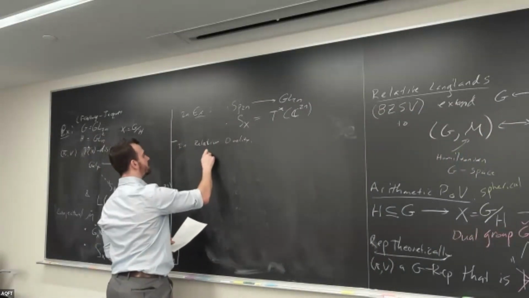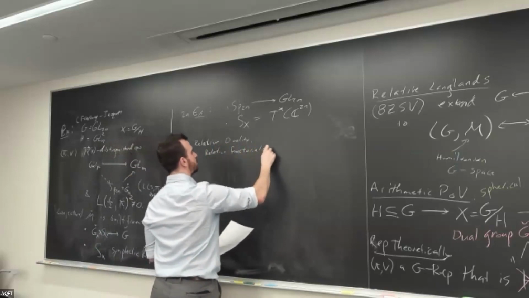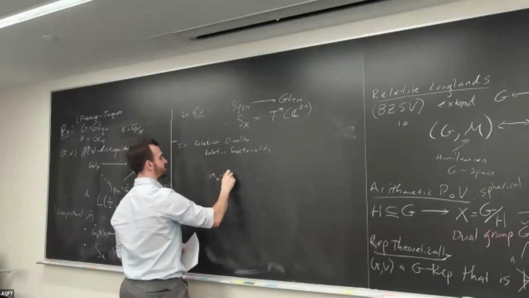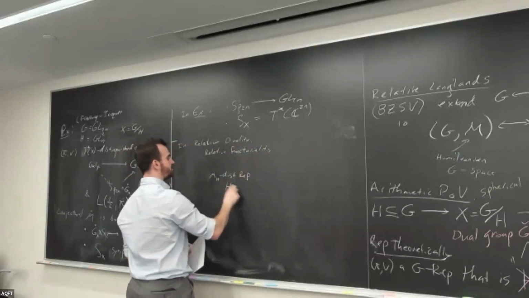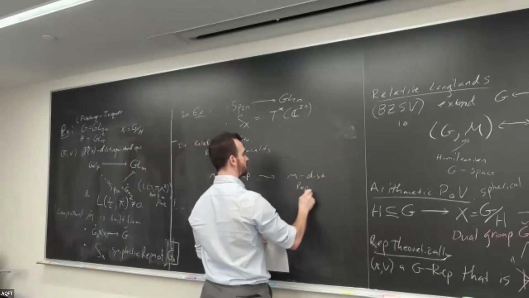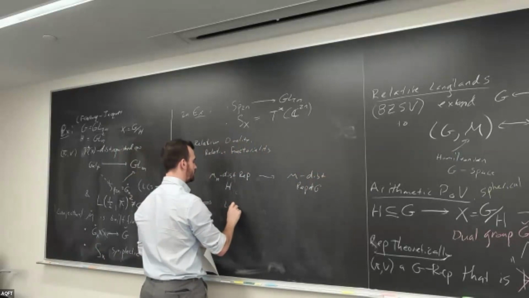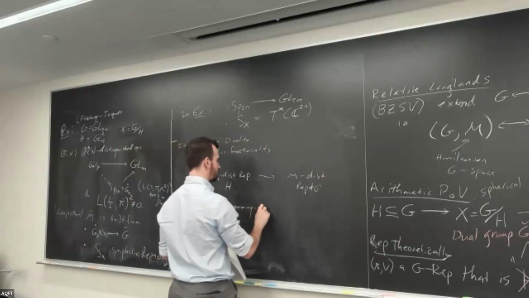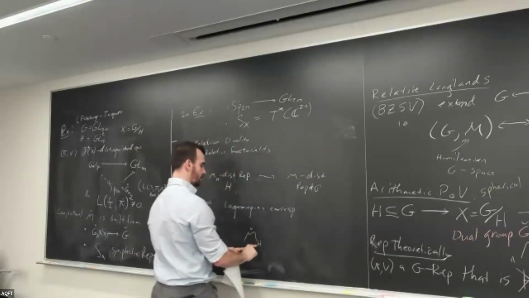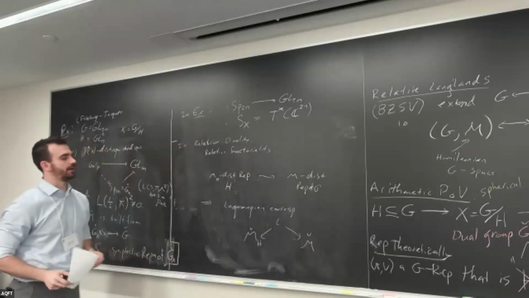And so the relative functoriality, where you take, say, an M_H distinguished representation of H to an M distinguished representation of G, should be related to a Lagrangian correspondence, maybe derived, between the dual of this correspondence L, between these dual Hamiltonian varieties.